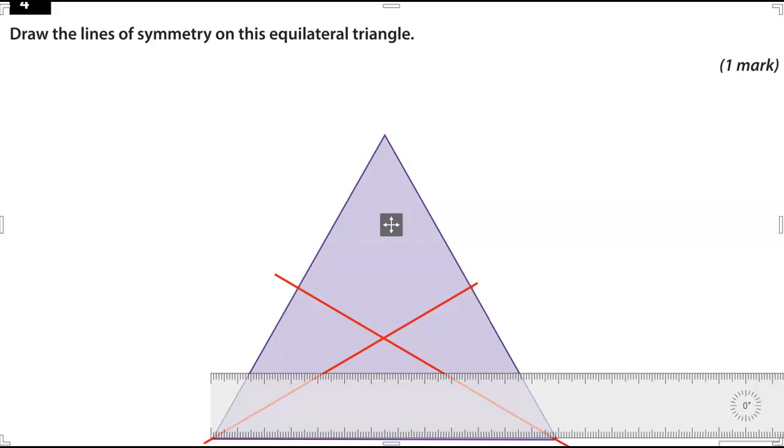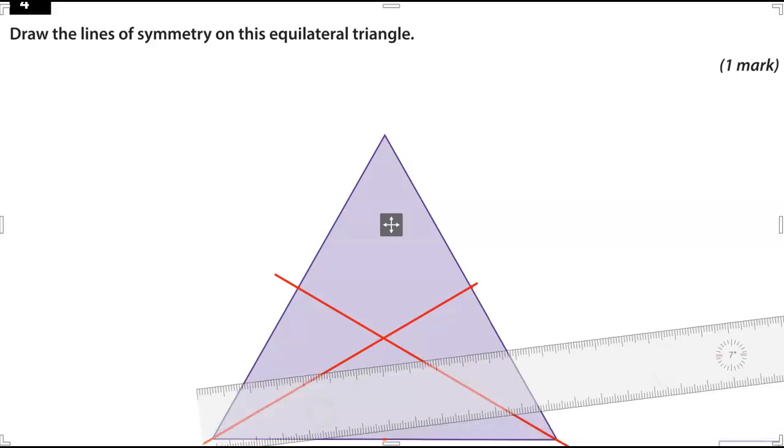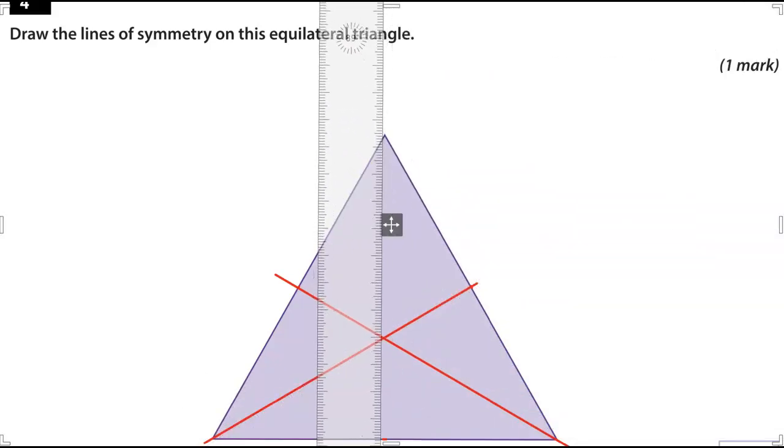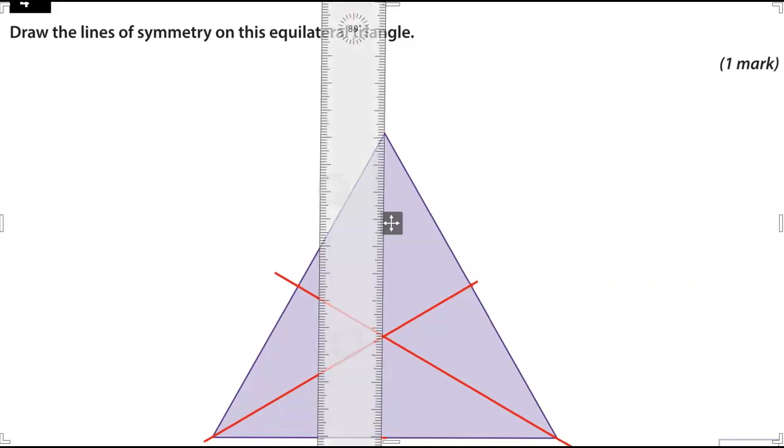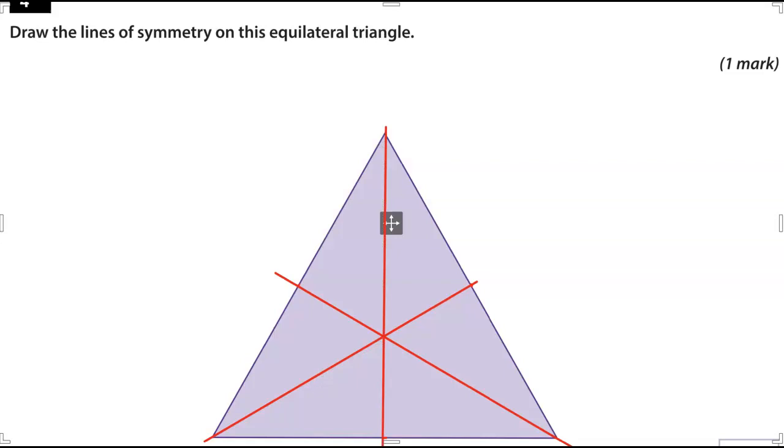So 1, 2, 3, 4, 5, 6.5, about here. So we've got the 3 lines of symmetry that we need.